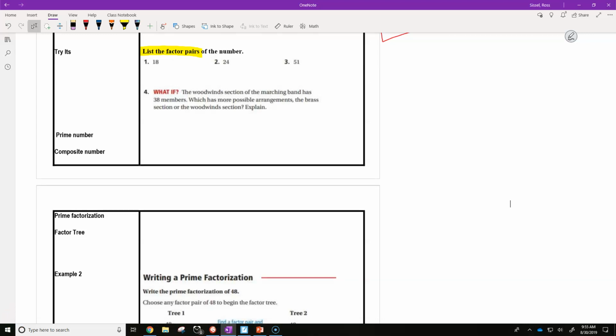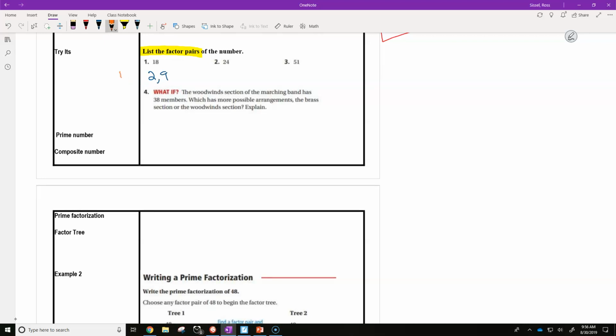What were the factors of 18? Who can give me the first pair? Ainsley? 1 and 18. Jeez, I'm having trouble writing today. 1 and 18. Don't laugh at me. You hurt my feelings. I'm a teacher. I still got feelings. Kiori? 2 and 9. I'm going to switch colors so it's easier for you guys to see.